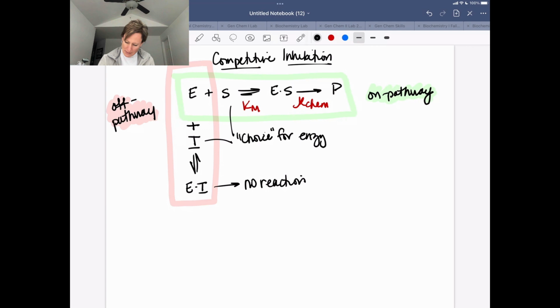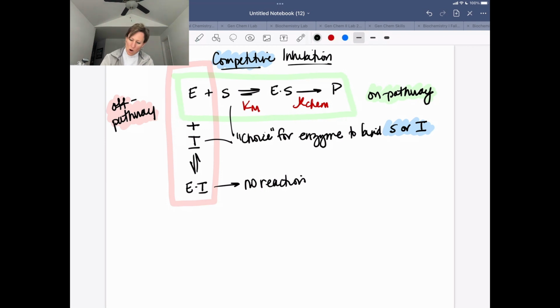It's either going to bind substrate or inhibitor. And the fact that there is a choice between the substrate or the inhibitor is why this is competitive inhibition. Substrate and inhibitor are competing for the same binding site.